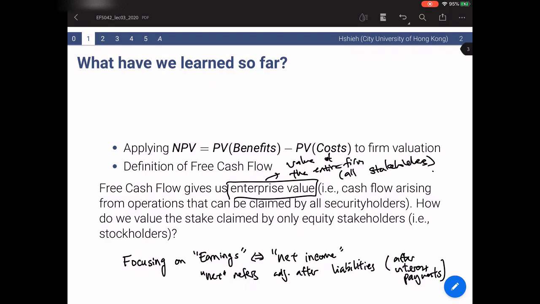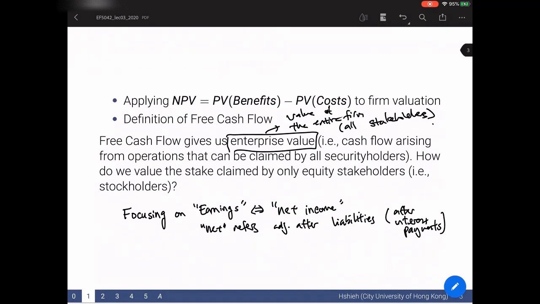All right, so that's what we have learned so far, and we're going to study a subset valuation model of the firm specifically for equity stakeholders, okay, for today. And then we'll come back to how to price the bond aspect or the creditor dimension of the enterprise value next week.